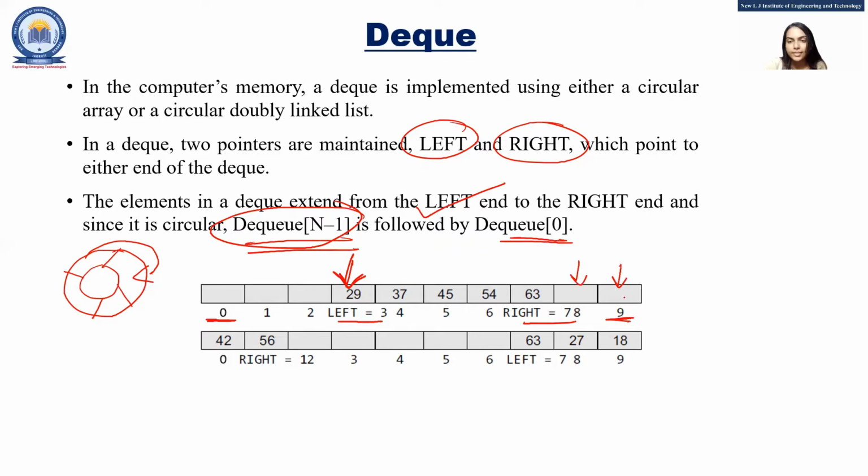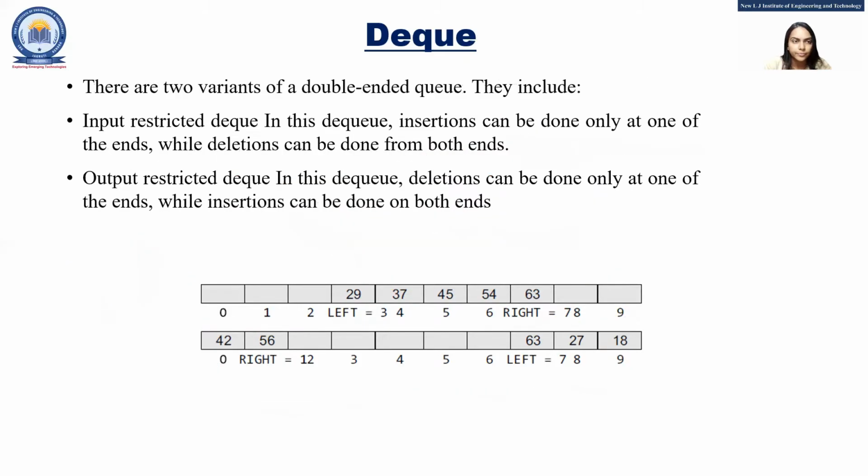And next, if we want to insert, since DQ n minus 1 is now followed by here, it would be inserted over here and then 56. This way we can keep on inserting and deleting elements, and if we delete an element, it again goes on in the form of a circular array.